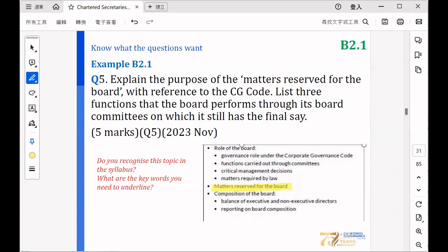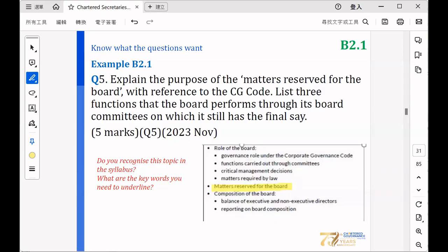If a question like this is set, you can immediately show the marker or examiner that under the CG Code, the issuer should have a formal schedule of matters reserved for the board for their approval. So you have to mention the CG Code, and you can also explain the purpose.